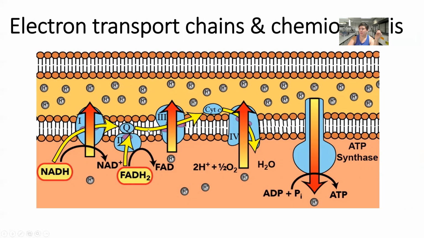I included this because I wanted to mention that the molecules that help carry the electrons from pump to pump are called cytochromes. So if you hear cytochrome C oxidase or any cytochrome, those are the molecules that help move the electrons from place to place.